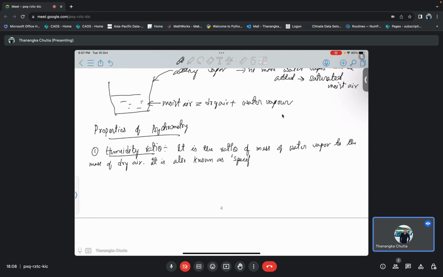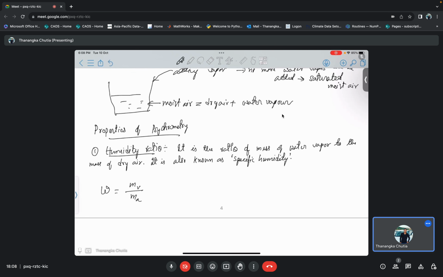So humidity ratio, another name we also know this as specific humidity. We denote humidity ratio by omega. Omega is nothing but mass of the water vapor divided by mass of the dry air.